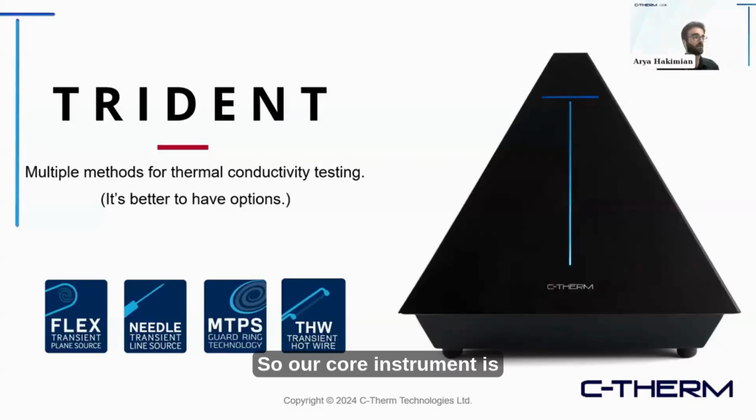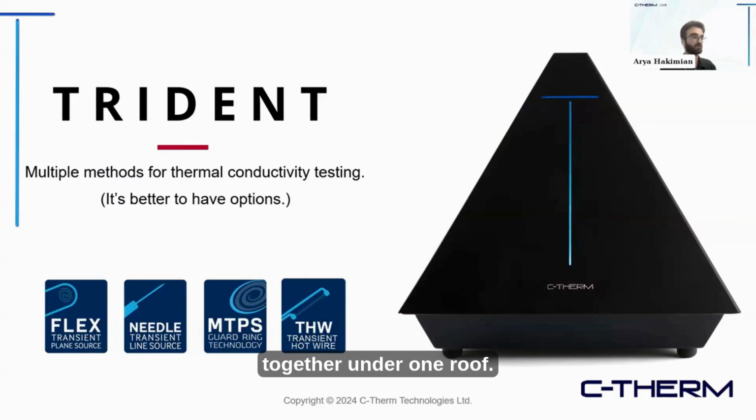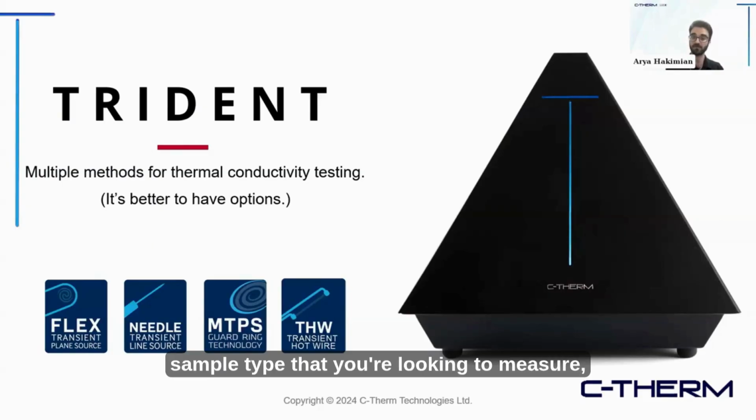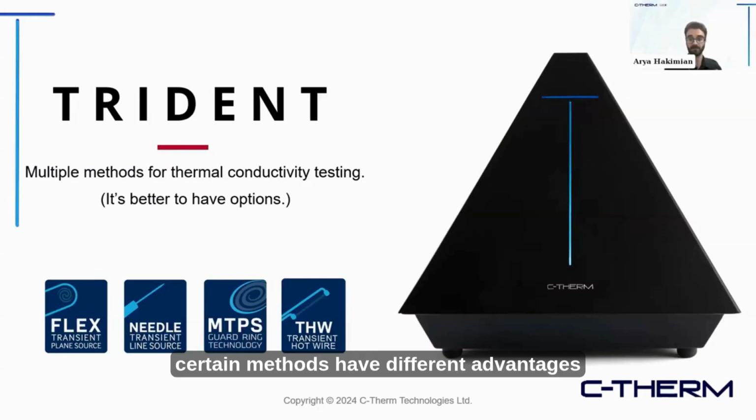So our core instrument is called Trident. Trident was developed as a modular platform, so it brings a few different methods together under one roof. The idea here being it's really good to have options. And as we go through today's content, we will see that depending on the sample type that you're looking to measure, maybe the conditions that you're looking to test under, certain methods have different advantages in these different scenarios.